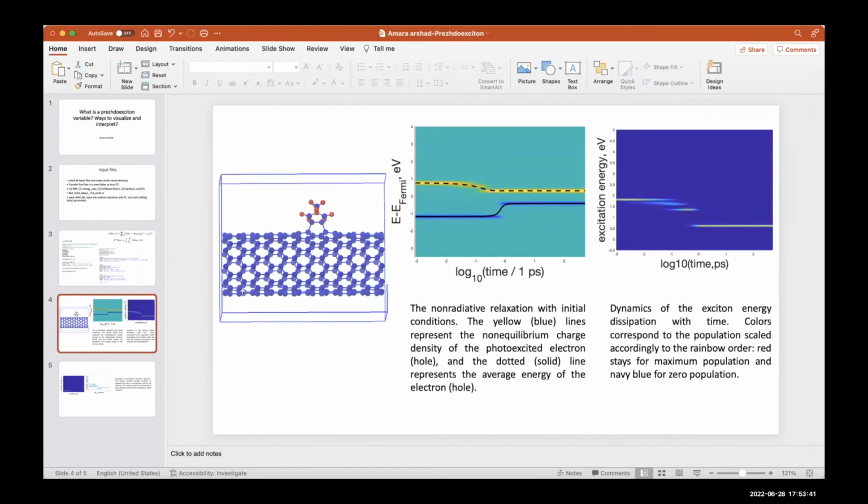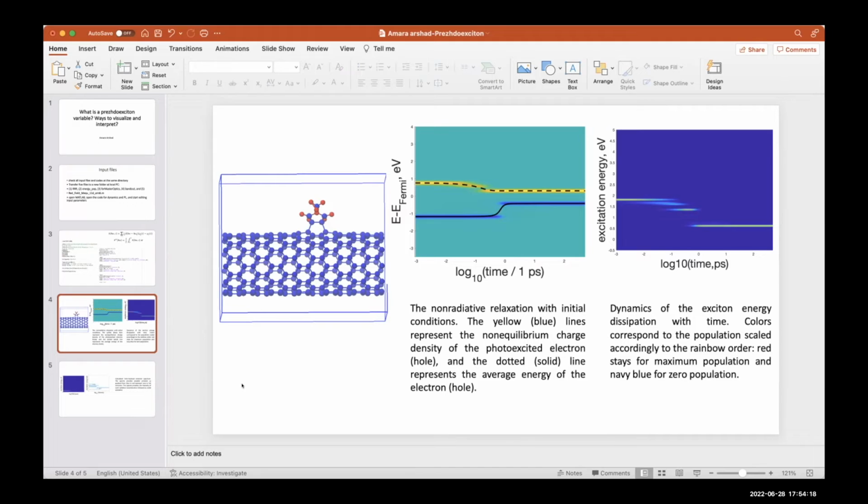This is my model for this calculation, the CNT with some defect, and that is the normal relaxation with initial condition, in which the yellow line represents the charge density of the photoexcited electron, and the dotted line represents the average energy of the electron. Then this is the excitation energy, and how it changes with the time scale.